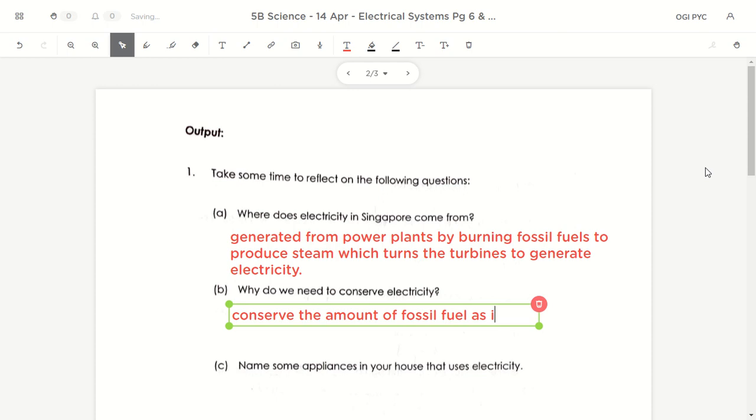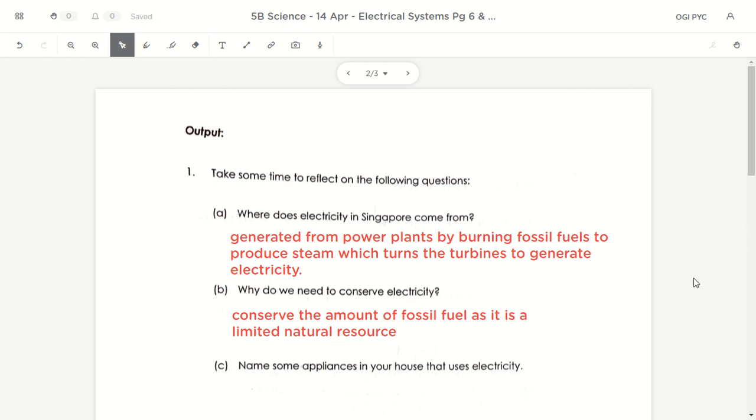Because it is a limited natural resource. Right. So we need to conserve electricity. Of course, the main reason is to save money. But besides that, it's really to conserve the amount of fossil fuel, which is a natural resource and is limited. One day we'll use them up. They don't get regenerated as fast as the rate at which we use fossil fuel.